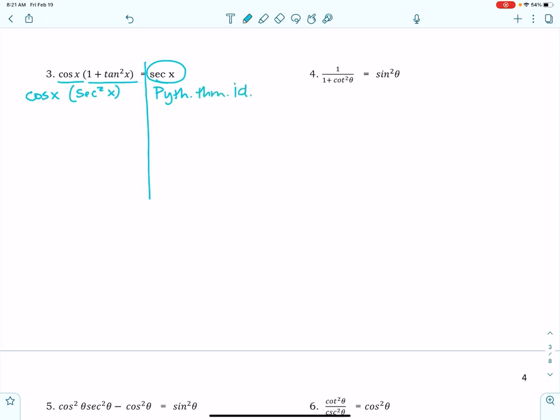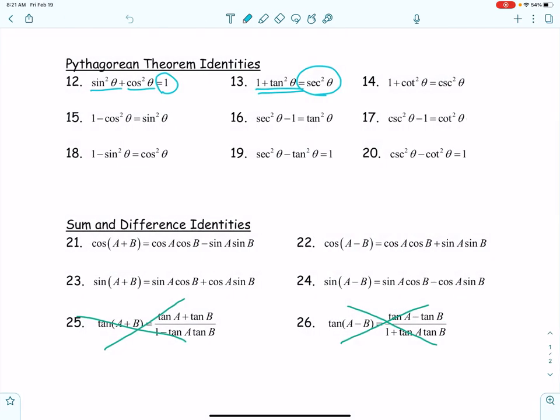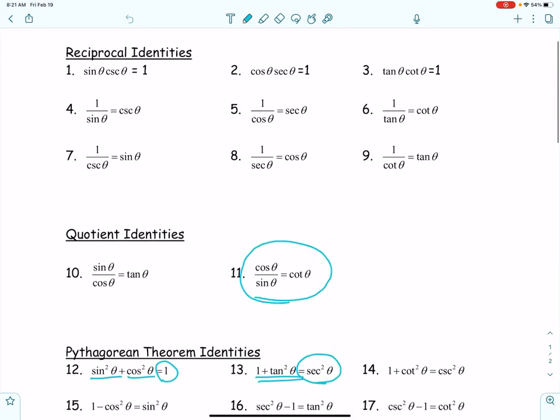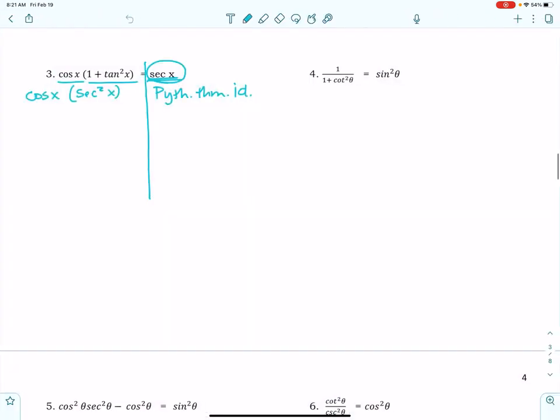Awesome. Now, what I need to do is recognize that I just need one secant x, and I've got secant squared x right now and a cosine. So again, I'm going to visit my identity sheet, and let's recall that I can rewrite cosine as 1 over secant. So let's do that.